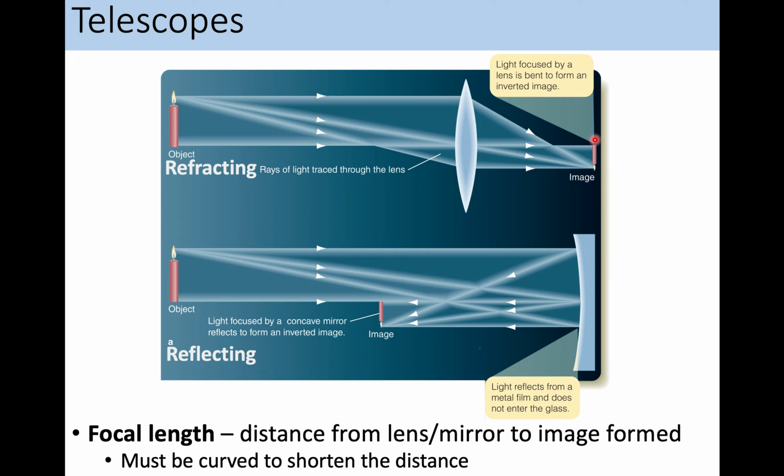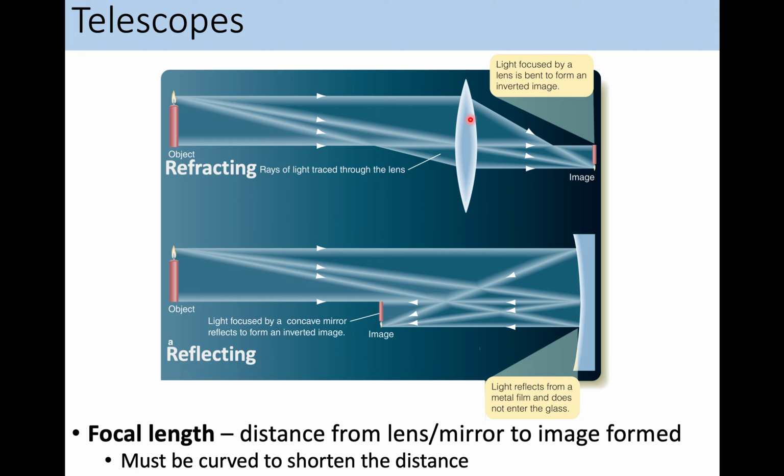So the focal length is from, let's say, your eye, if you're looking at this right here, to the lens, or your eye to the mirror. So the reason that the lens and the mirror are curved is you're trying to shorten the distance. So let's say you're trying to look at a star.